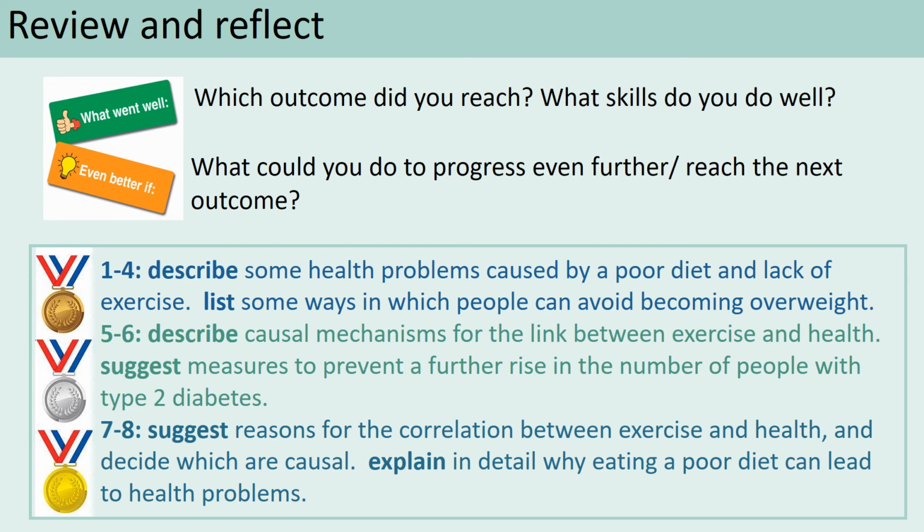For 7 to 8, suggest reasons for the correlation between exercise and health and decide which are causal. So again, knowing what it is about a lack of exercise or a poor diet, how that actually causes different diseases like coronary heart diseases, blocked arteries, arthritis, and things like that. So hopefully we're able to pick that up as we went.